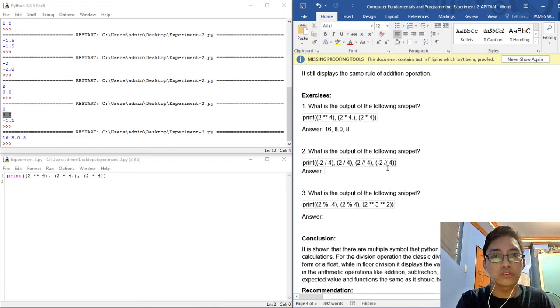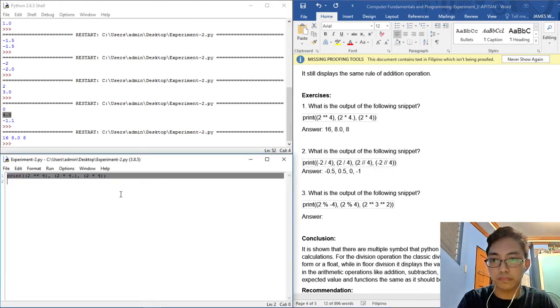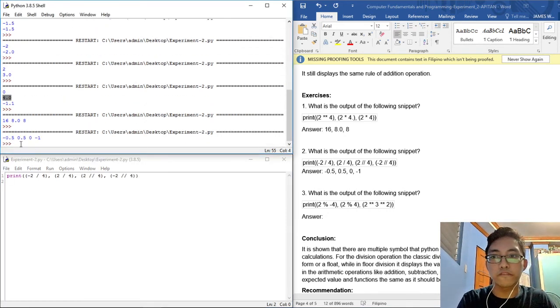And negative 2 integer division by 4 is also, nope, it will be negative 1. So it will be negative 0.5, positive 0.5, and next will be 0, then negative 1. Now let's try it. Negative 0.5, positive 0.5, 0, negative 1.